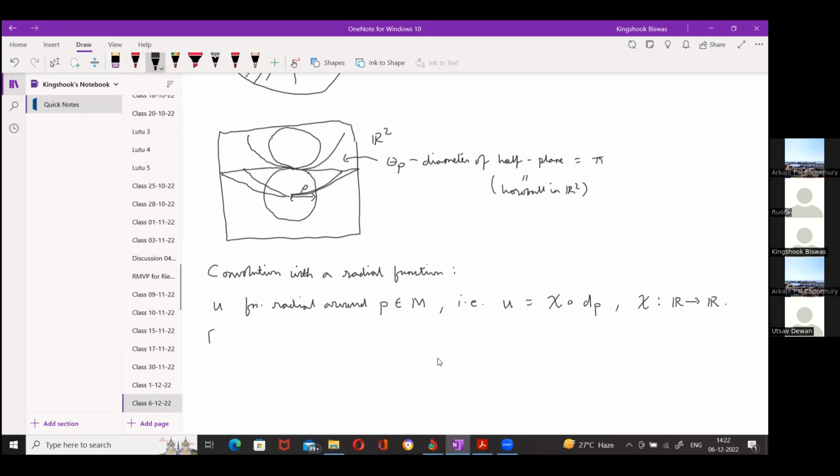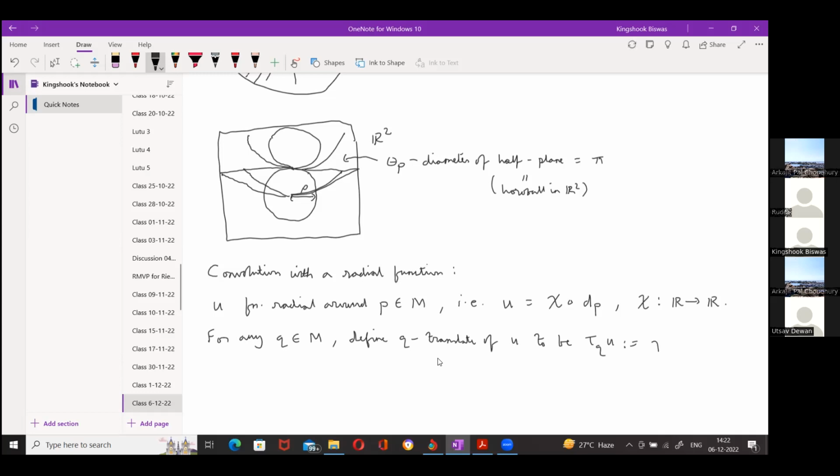Then we can define, for any q in M, the q translate of u, let me call it tau sub q of u, to be the same function but radial around q now.